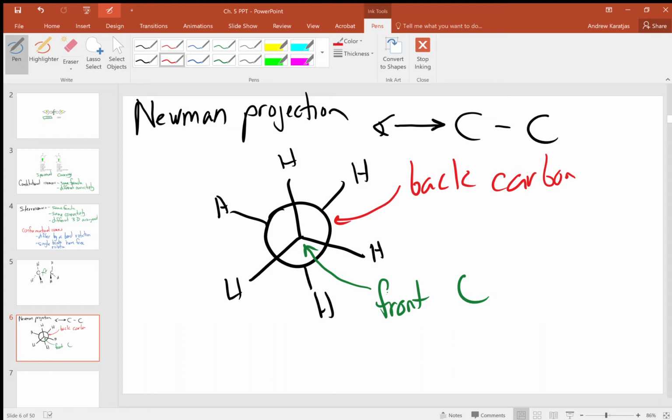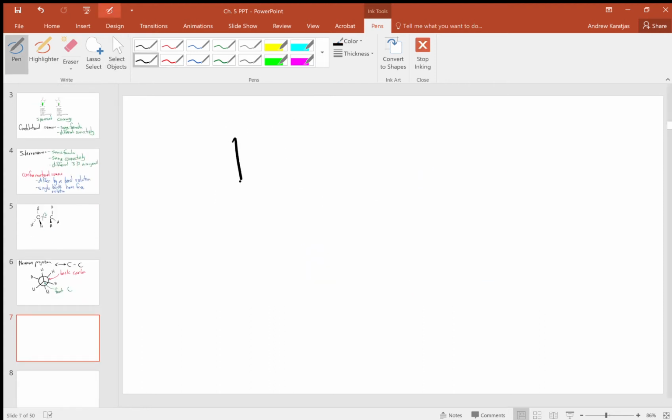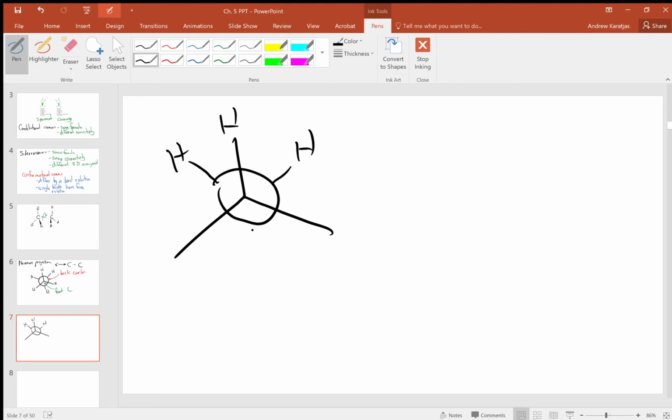So we said earlier that some conformations are more important than others. When it comes to ethane, there's two conformations that are important. One is the one that I've already drawn. And the other one, we're going to rotate the carbon-carbon bond 60 degrees.